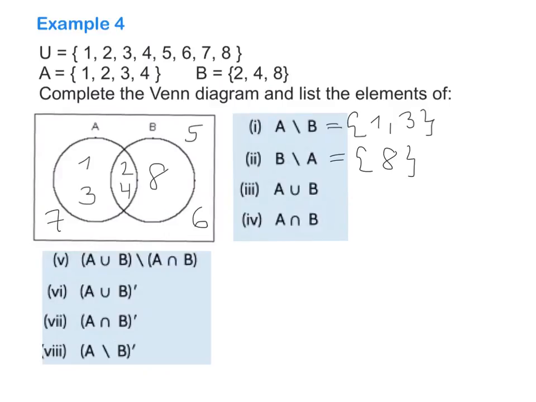Okay. Now we have A union B, and A union B, as you remember from the very first video, means everything in A and everything in B, union. So 1, 3, 2, 4 and 8.